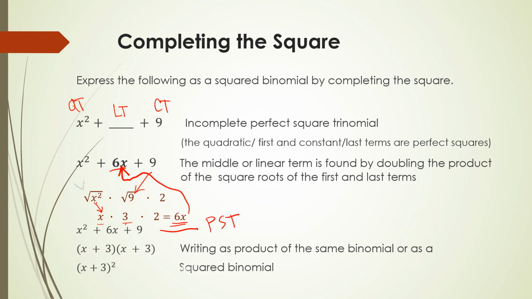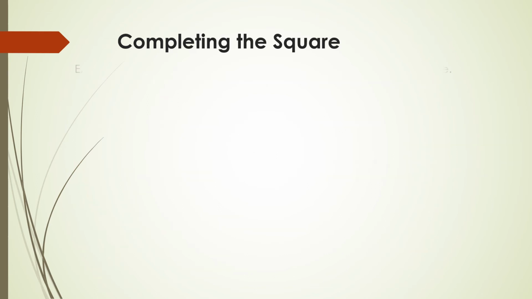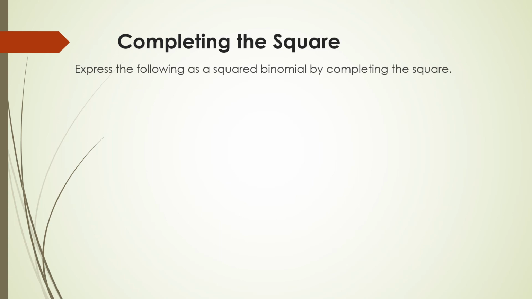Or, written in the form of x plus 3 quantity squared. Ito yung tinatawag na square of binomial. Okay, another example. The given is 4x squared minus blank plus 25. Again, it is an incomplete perfect square trinomial.